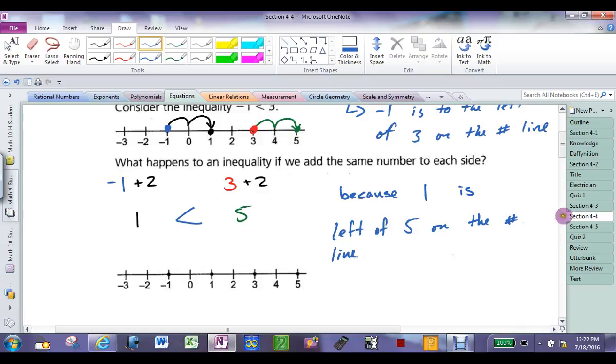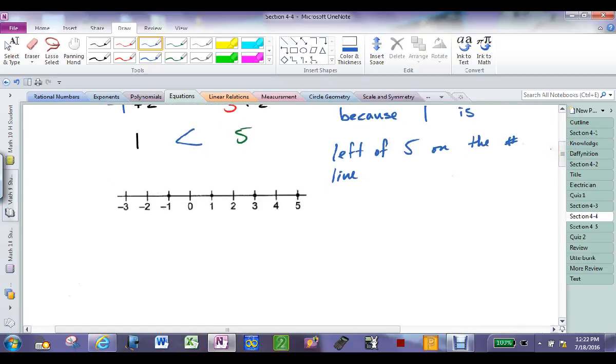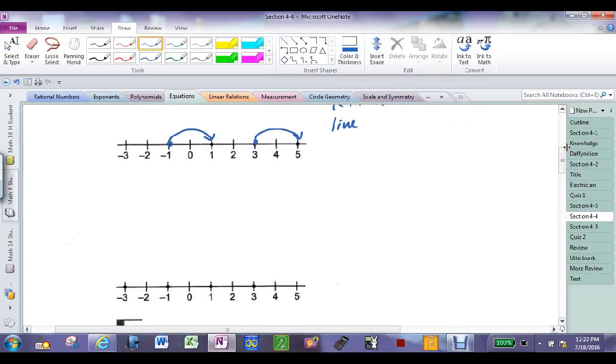Everyone is good? Plus 2. Plus 2. Now, what about subtraction?